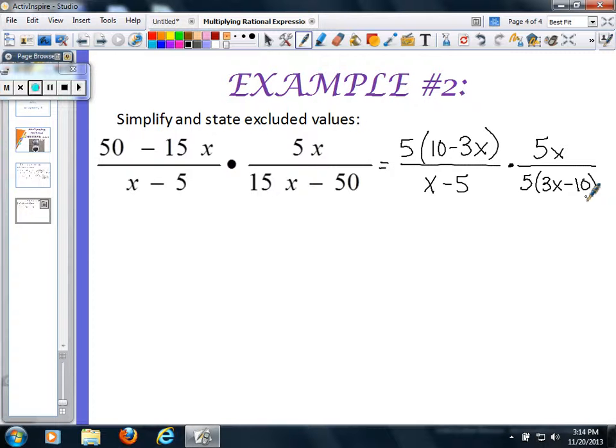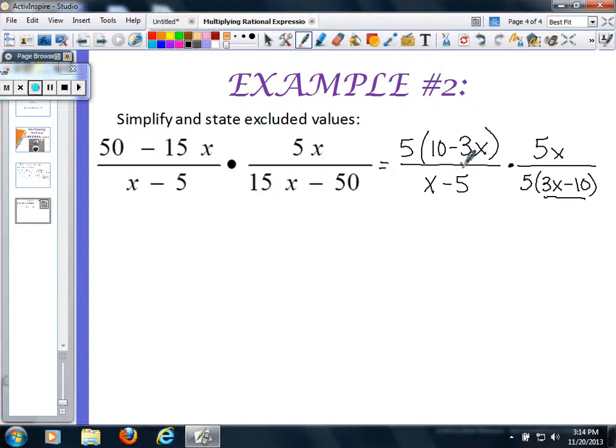Okay, and now I'm going to show you something here because this is probably what you guys all have seen. Once I get to this point, I can notice that 3x minus 10 is just the exact opposite of 10 minus 3x.